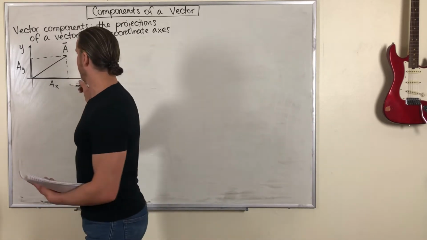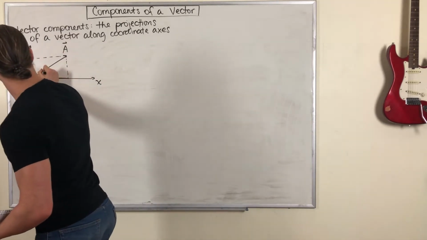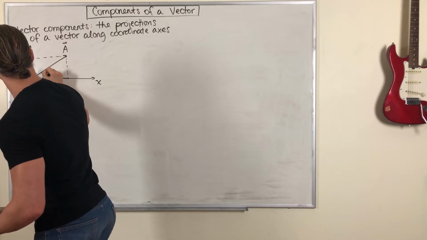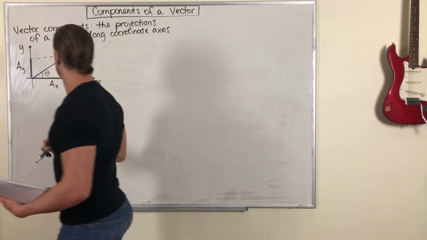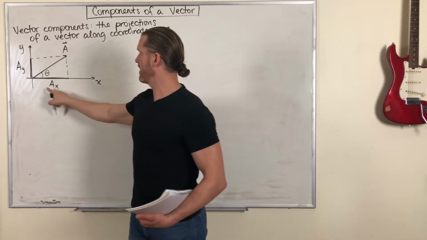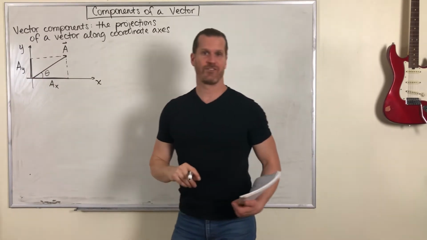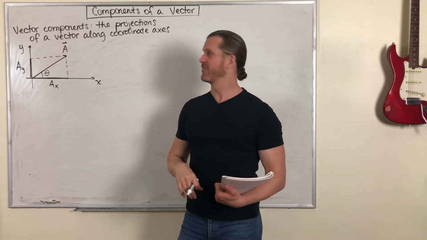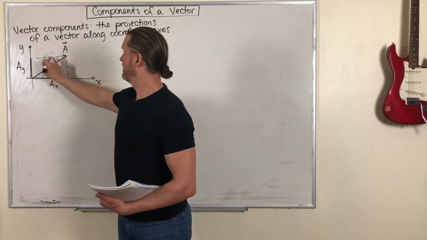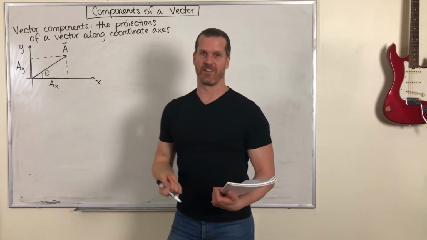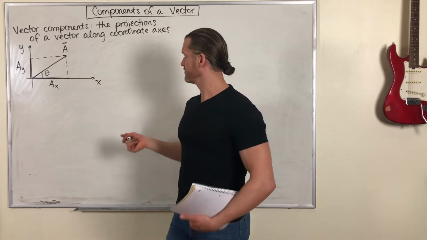And it sure is. Because if we know this angle, then we can express those two components in terms of the hypotenuse or length of that vector and the angle.